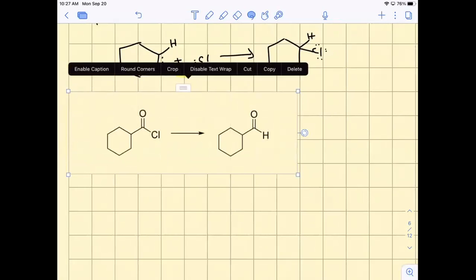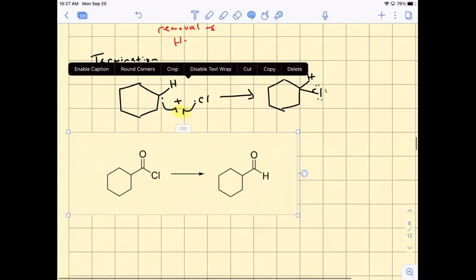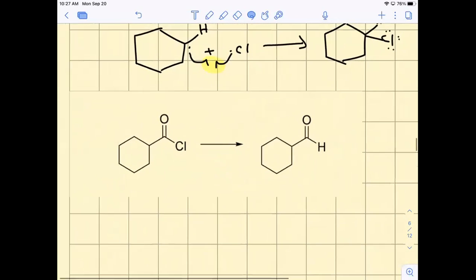Immediately, if I'm starting with a pi bond, what are my options? If my starting material contains a pi bond and that's where the reaction is taking place, what are my options?